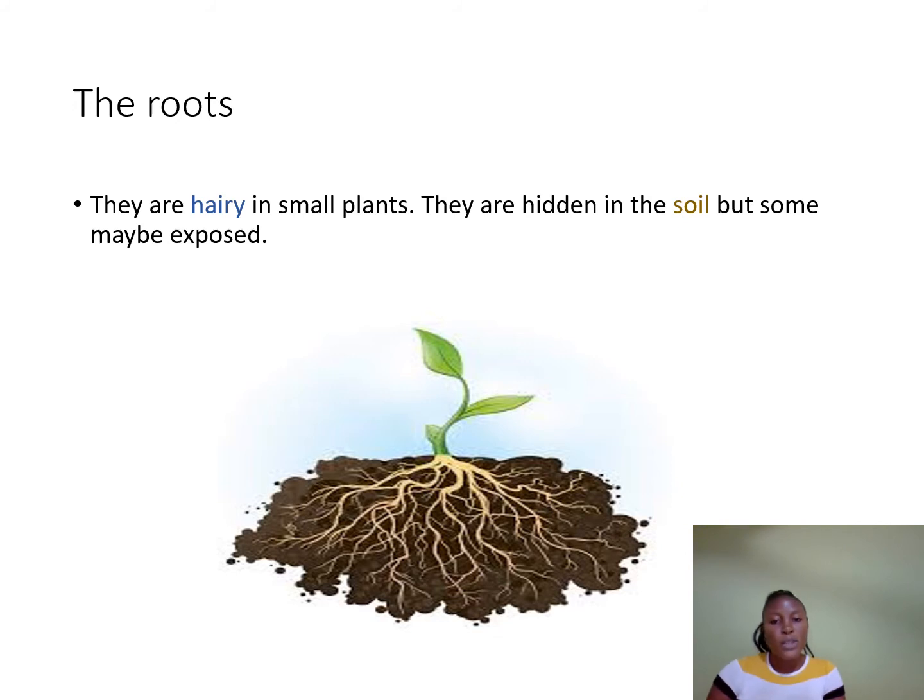And we all know that the roots are not seen. They are hidden in the soil, but as time goes on, some may be exposed, meaning that the upper parts of the roots shoot up out of the soil so they can be seen. Good. Now let's carry on.